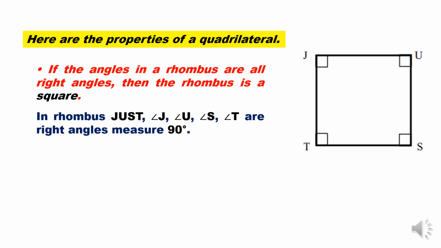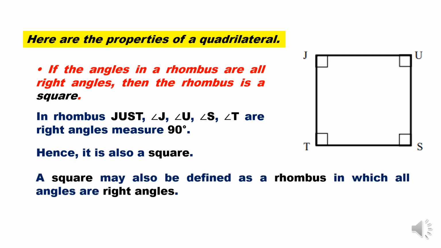In rhombus JUST, angle J, angle U, angle S, and angle T are right angles measuring 90 degrees. Hence, it is also a square. A square may also be defined as a rhombus in which all angles are right angles.